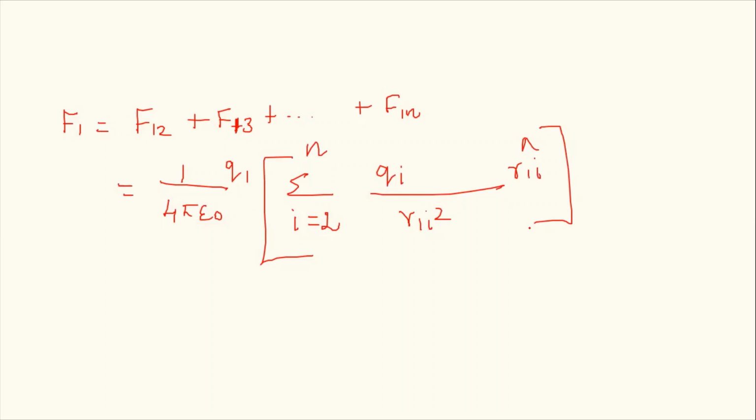And you should understand that the force on a particular charge is unaffected by the presence of other charges. That is Q1, now we calculated the force exerted on Q1, right? Similarly, the charge Q1 will exert a force on Q2 and also on Q3. But this is not affecting the force experienced by charge Q1. Okay, so that is very important.